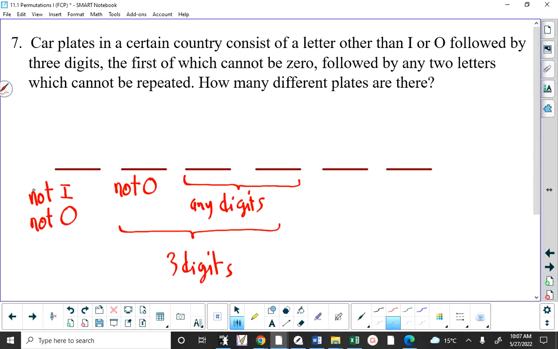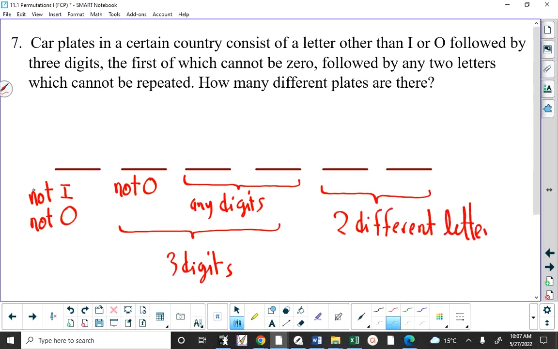It's possible, right? Common sense says you have to be able to repeat. And then what? Followed by any 2 letters. So these are 2 letters. These are 2 different letters. They are different from each other.